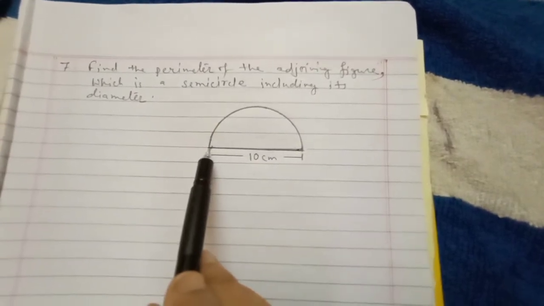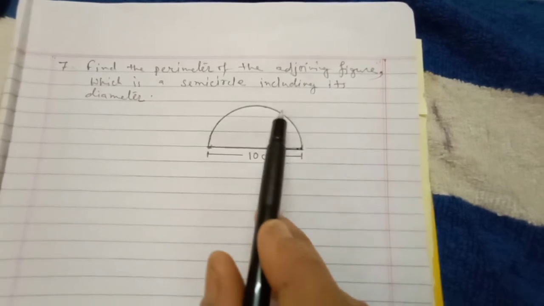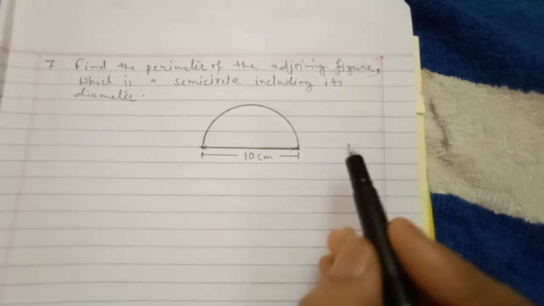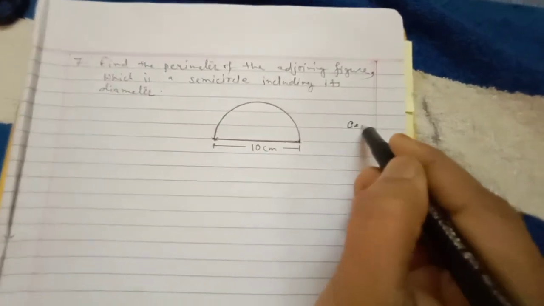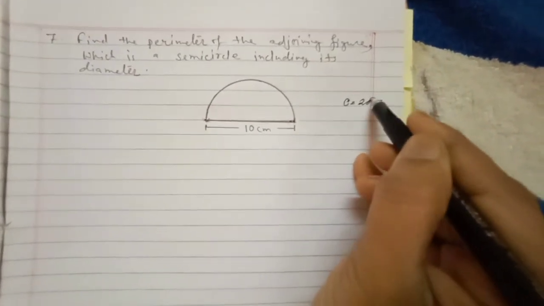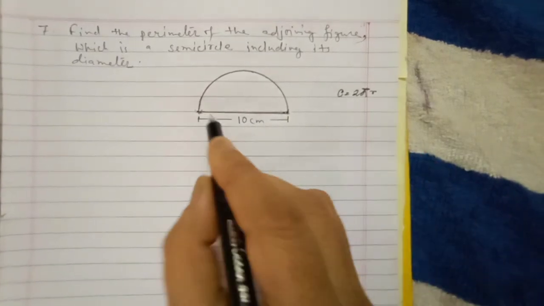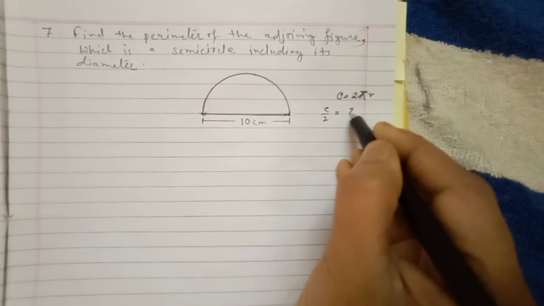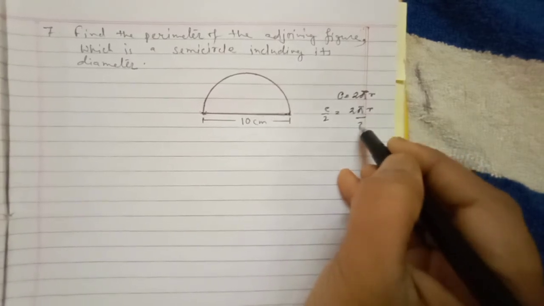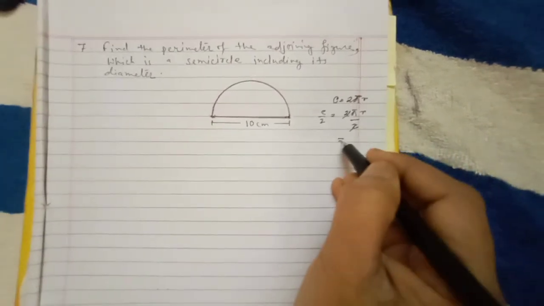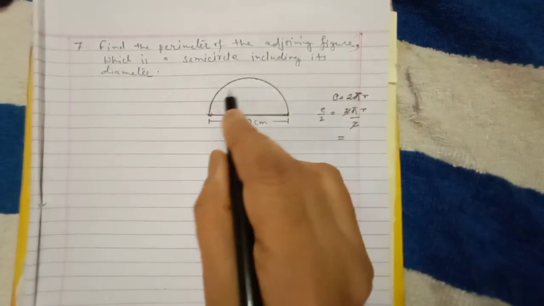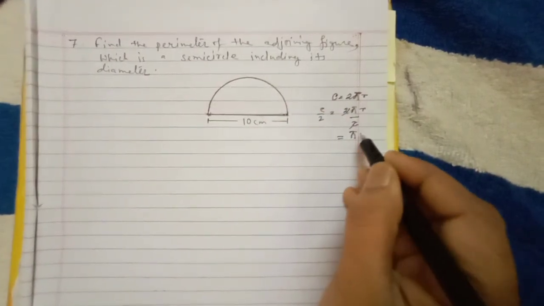So it is 10 plus pi r. Circumference of a circle is 2 pi r. Half of the circumference means 2 pi r by 2. 2 cancel. So the circumference of a semicircle, the bending portion, is only pi r.